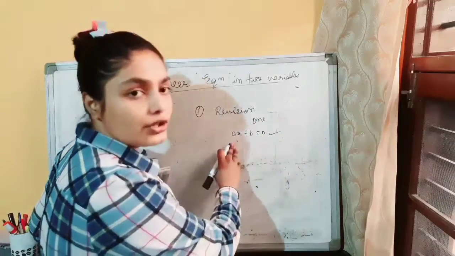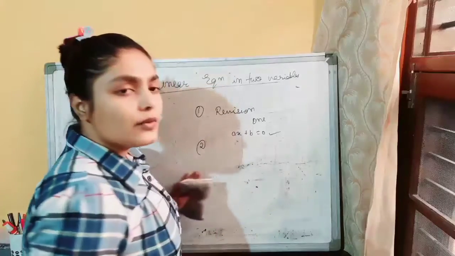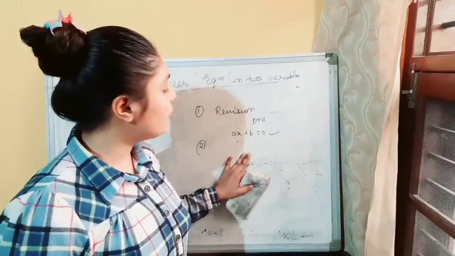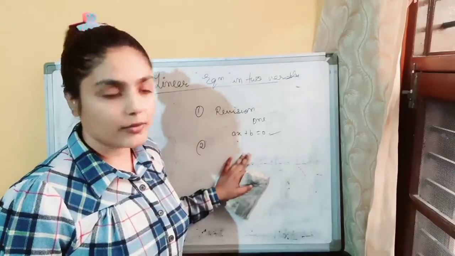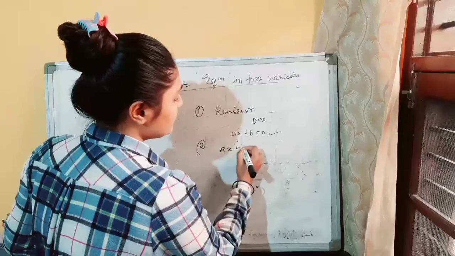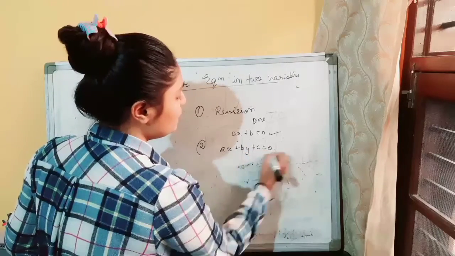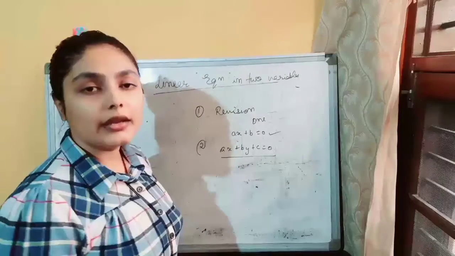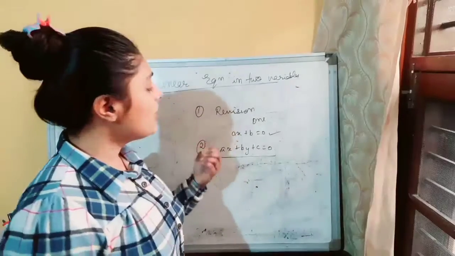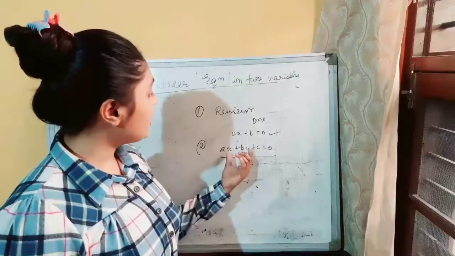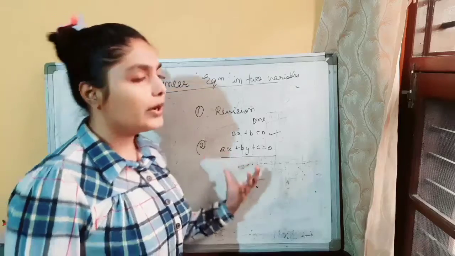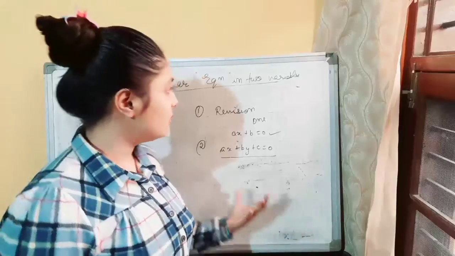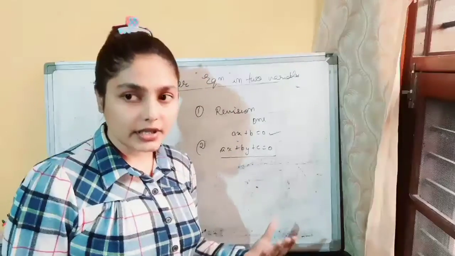Next, we compared the linear equation in one variable with two variables, in the form ax plus by plus c is equal to 0, and gave the definition where a, b, c may be any real numbers and not equal to 0, and where x and y values we can equate and get the values of this equation, which correctly shows that it is in the form of two variables.